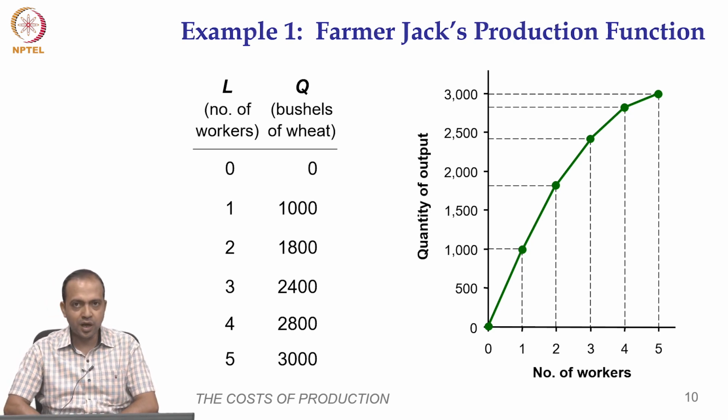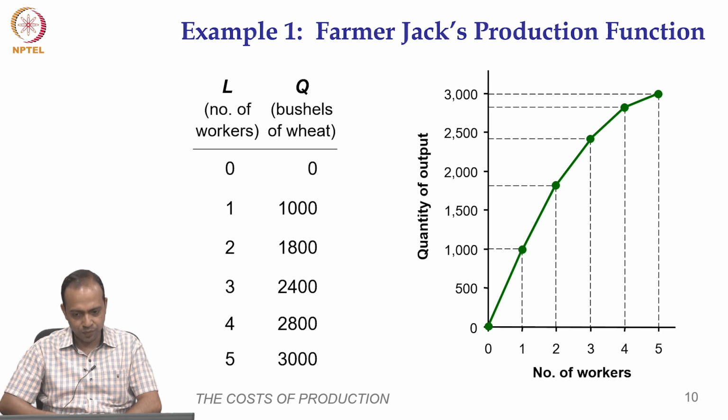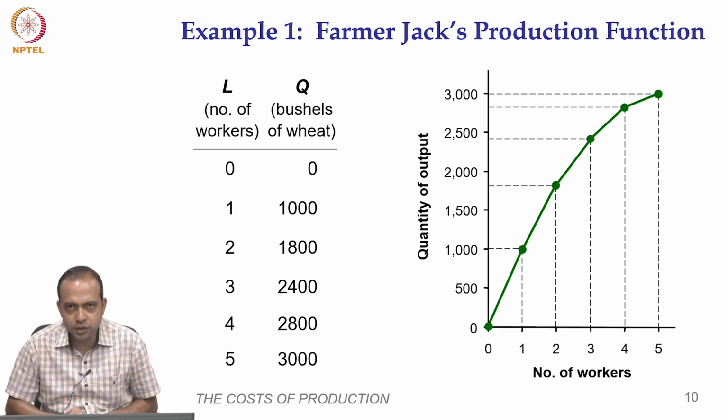Now, look at here, as I have already mentioned, the total product curve is initially increasing and then its slope is falling. That means it is becoming flatter after a certain point. So, what is the meaning of the slope of this production function?